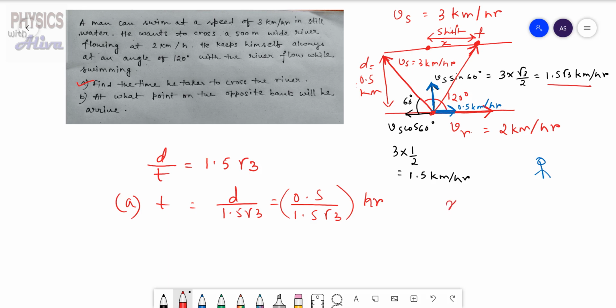Horizontal distance divided by the time taken is equals to horizontal velocity. What is our net horizontal velocity? 0.5 kilometer per hour, right? So x is 0.5 into time, that is 0.5 into 0.5 divided by 1.5 root 3 kilometer. This is the answer to the next question.